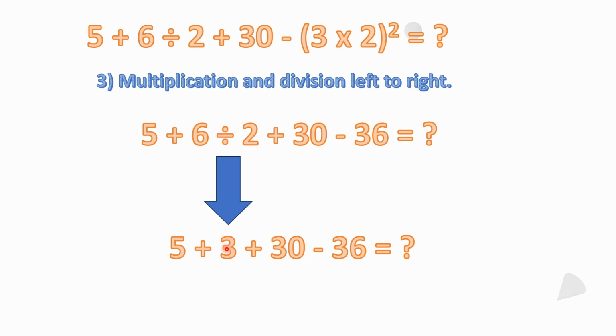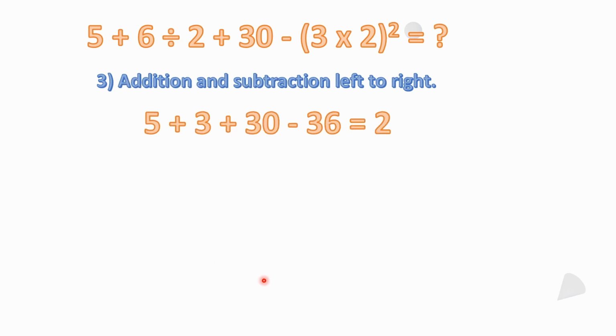If you look down here, I've got this arrow showing 6 divided by 2. That becomes 3. We still have 5 plus our 3, which is what's left of our 6 divided by 2, plus 30 minus 36. So now, after all of this, we're left with just simple addition and subtraction.